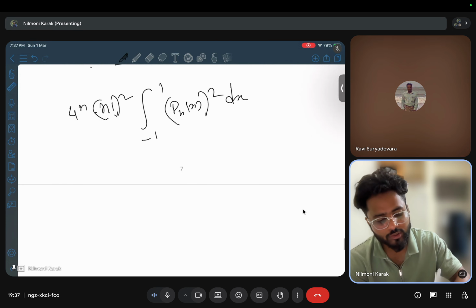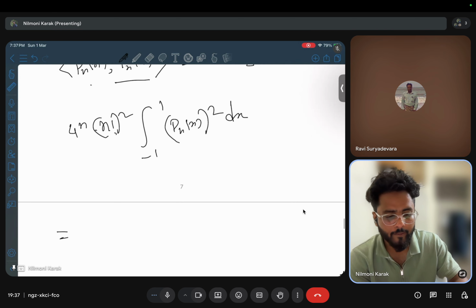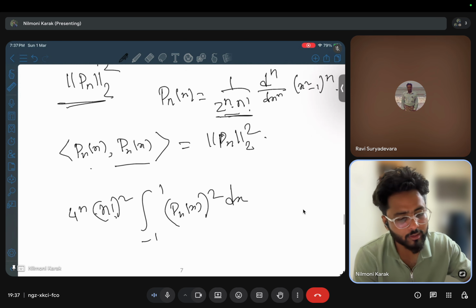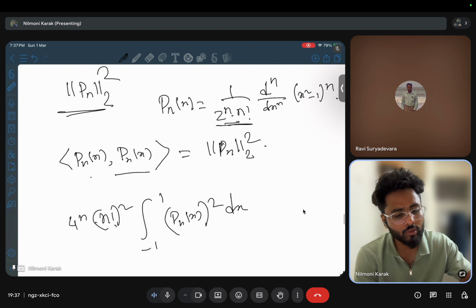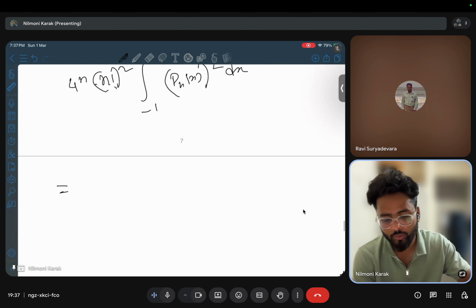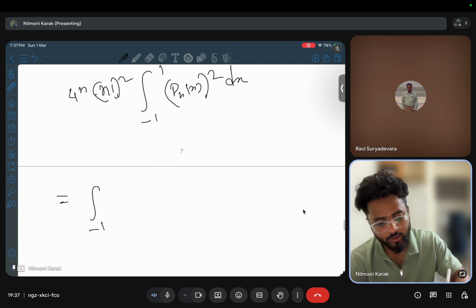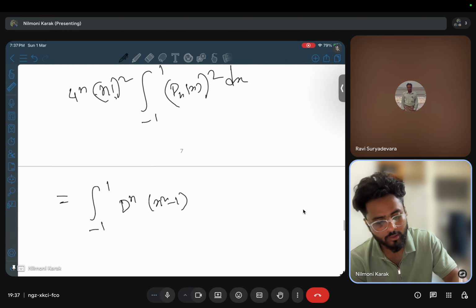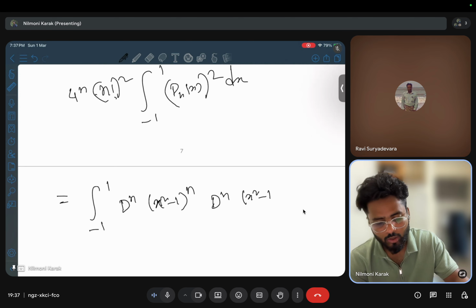Okay, now just calculate. So Pn(x) is this, so Pn(x) square is this. So this and this cancel out. Got it, right? So you will just have the integral from minus 1 to 1 of d^n (x square minus 1)^n times d^n (x square minus 1)^n dx.